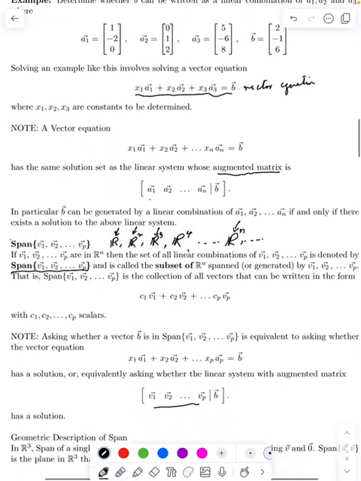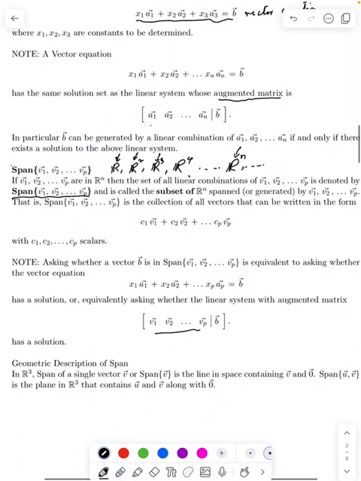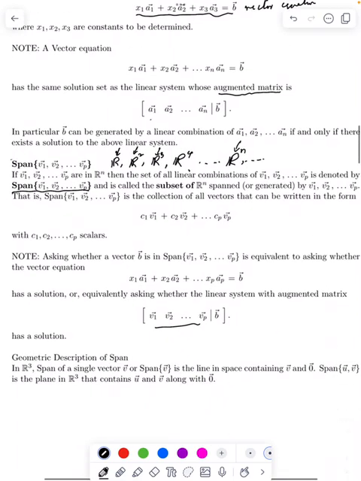For example, if you have two vectors, u and v, then the span of u and v will be the set of all the linear combinations of these vectors. That is what the set is.